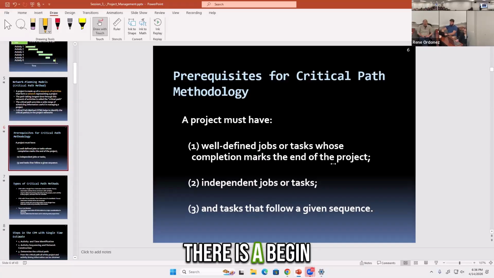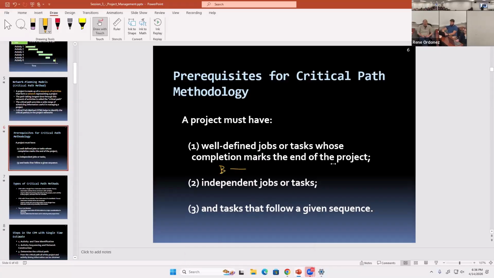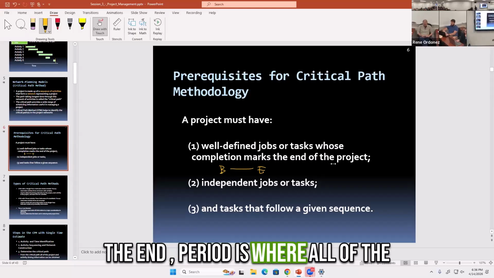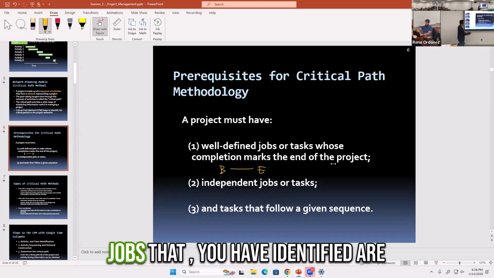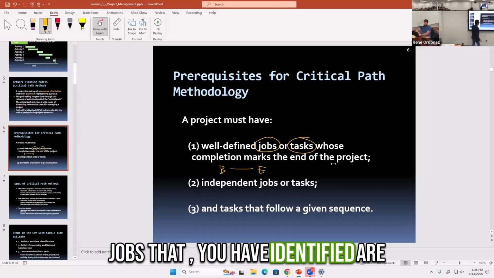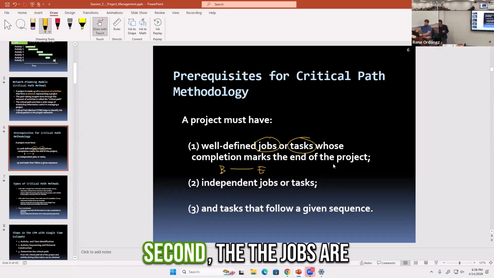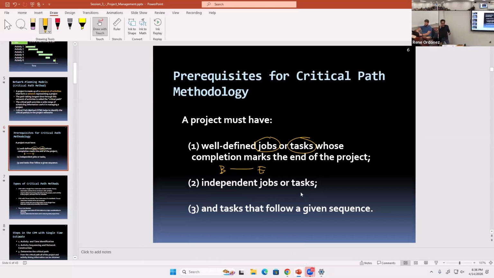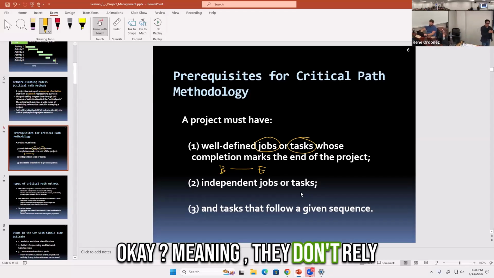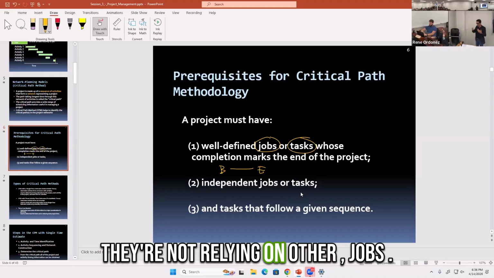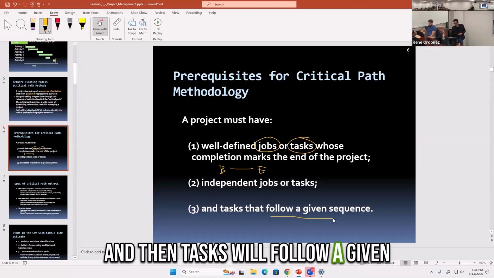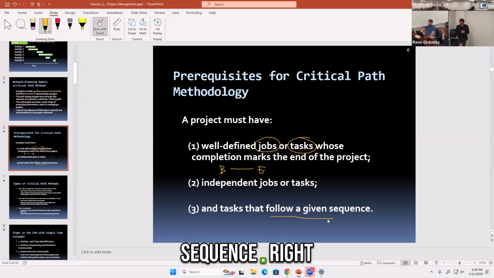There is a begin and an end. The end is when all of the jobs that we have identified are done or completed. Second, the jobs are independent, meaning they're not relying on other jobs. And then tasks will follow a given sequence.